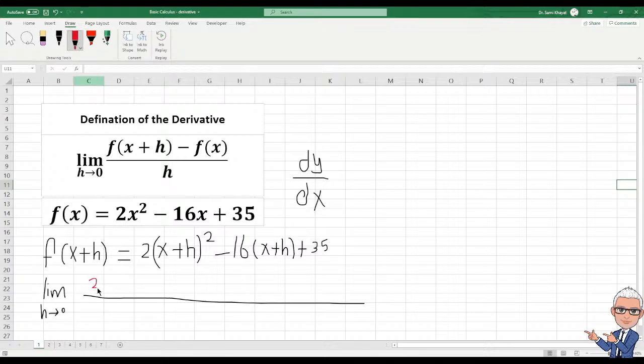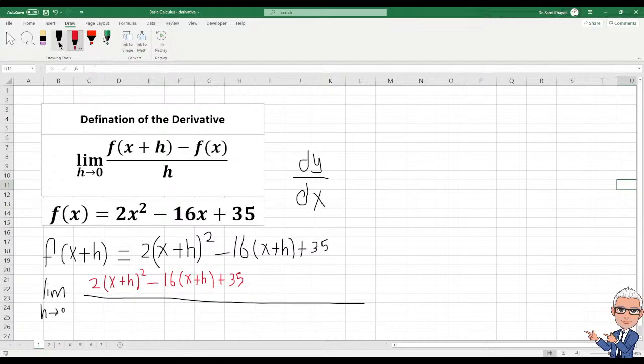Okay, 2 times x plus h squared, minus 16 times x plus h, plus 35.